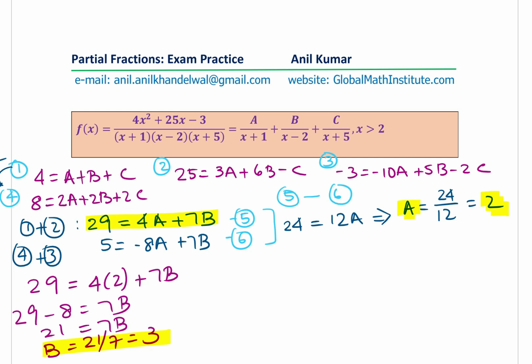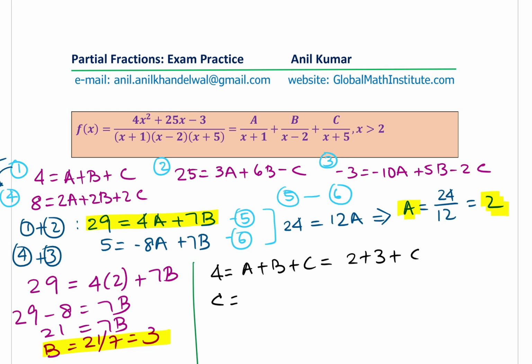Right? Now, we need to find the value of c. We could use our equation number 1, which is 4 equals to a plus b plus c. Substituting the value of a as 2 and b as 3, we get 4 equals to that.